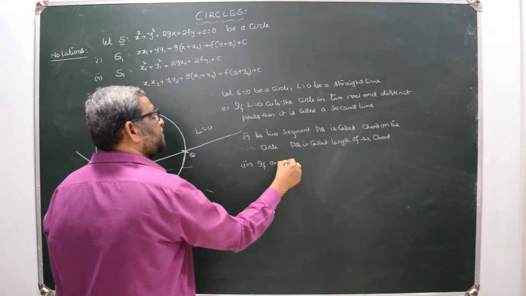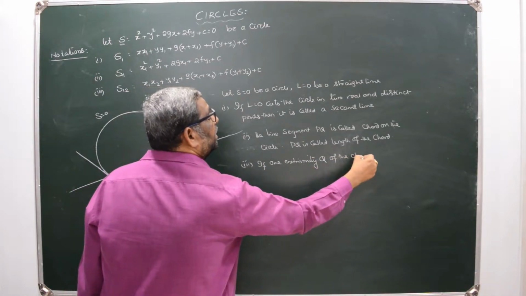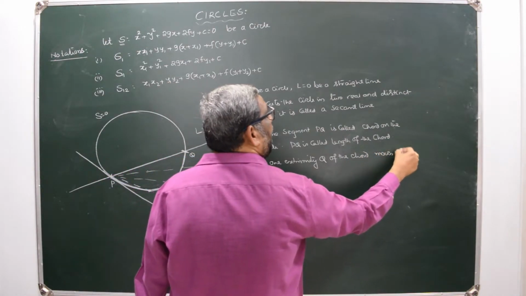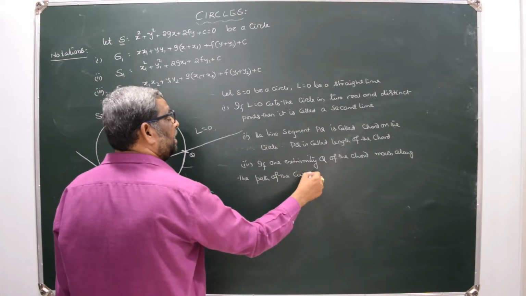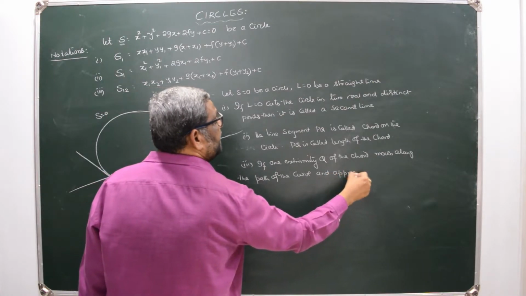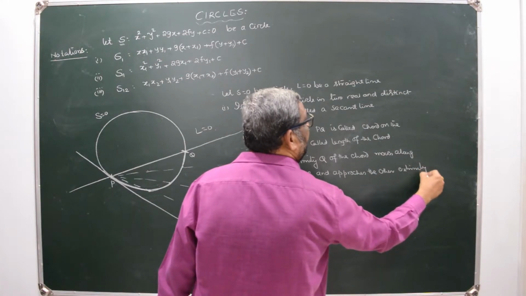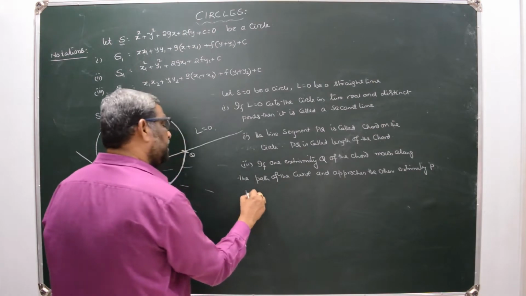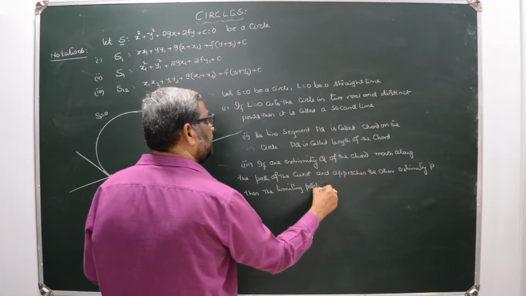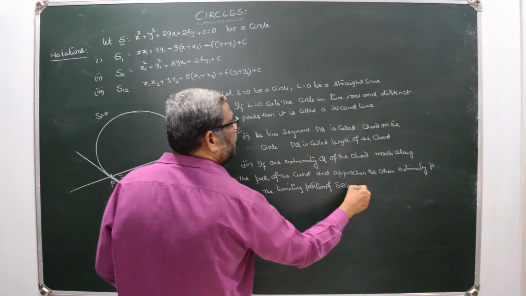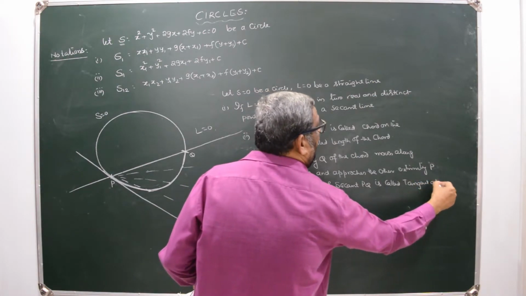If one extremity Q of the chord moves along the path of the curve and approaches the other extremity P, then the limiting position of secant PQ is called tangent at P.